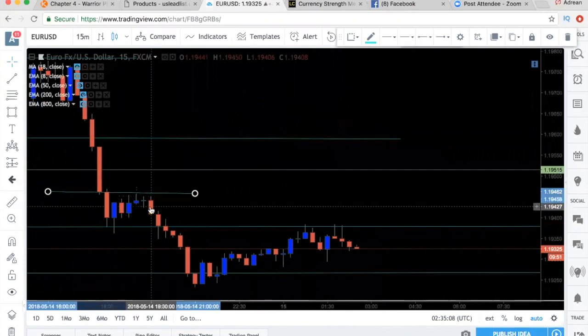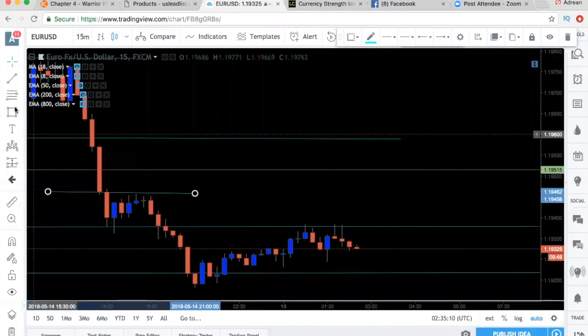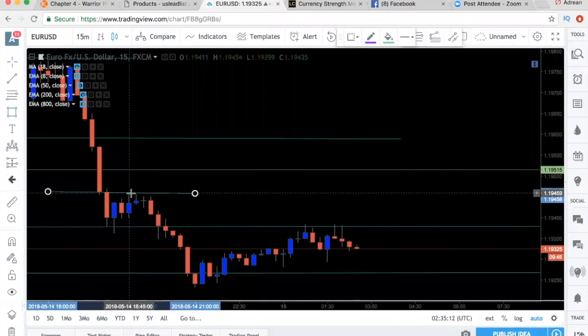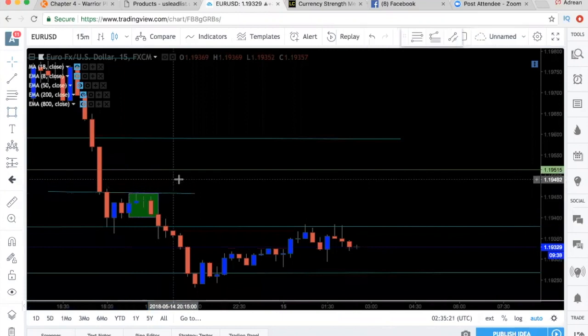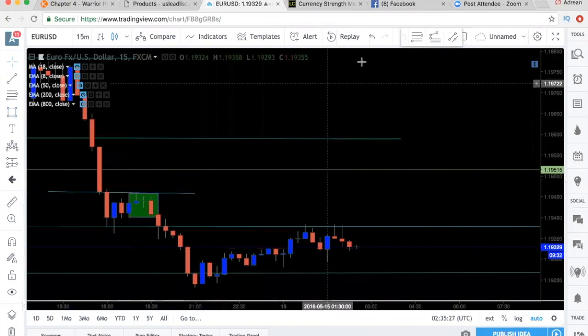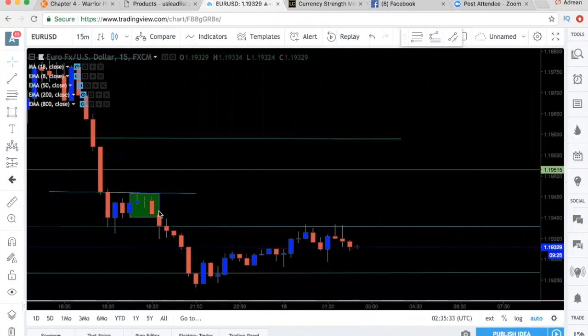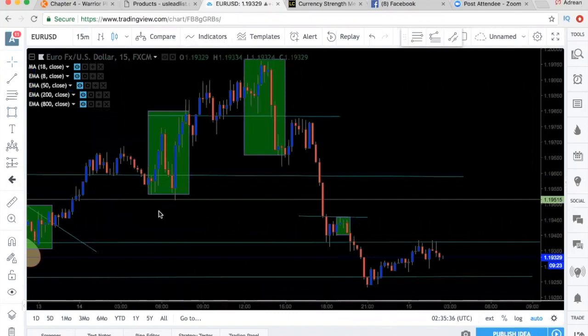This is another evening star showing us that this market is still in control by sellers. It breaks, it continues down. So that's why we utilize those smaller time frames.